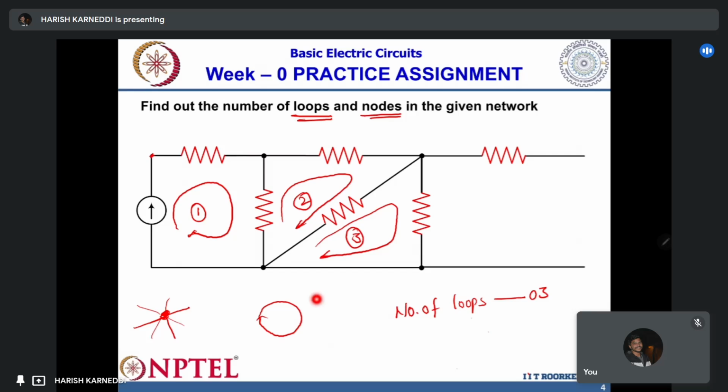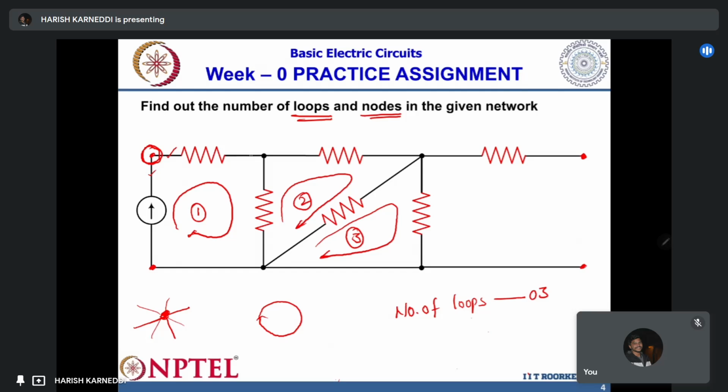Here this is also a point and this is also a point. In the figure, one can observe at this point how many branches there are. This is one branch and this is two branches. It is less than 3, so it is a node, but it's not considered.